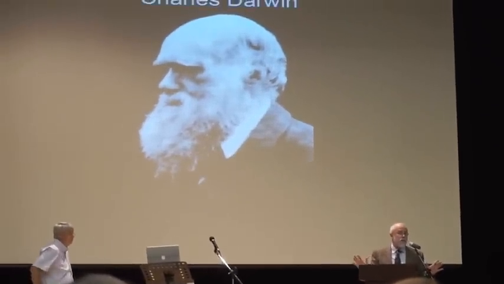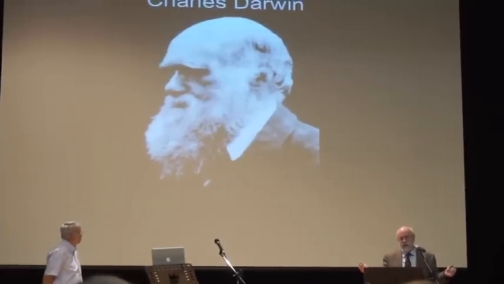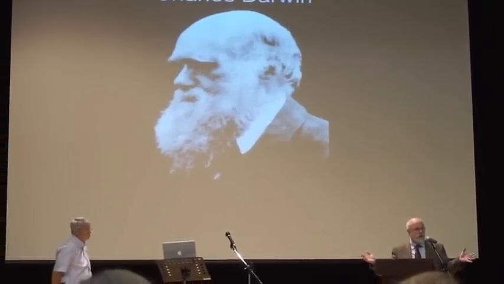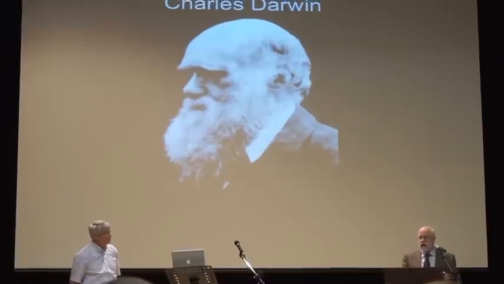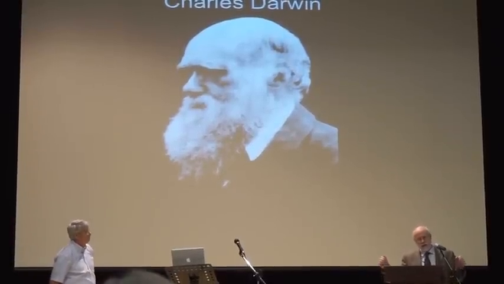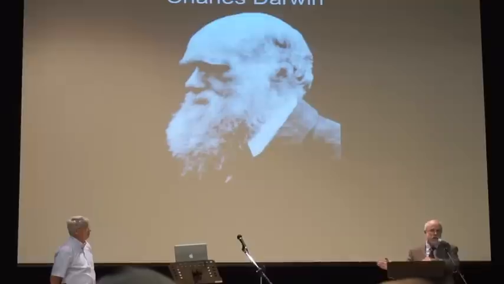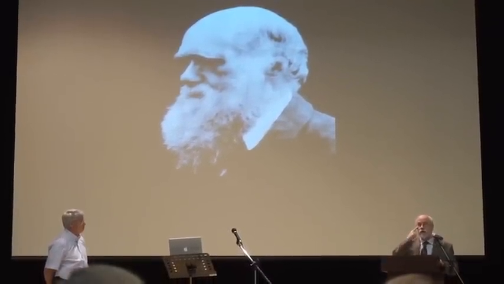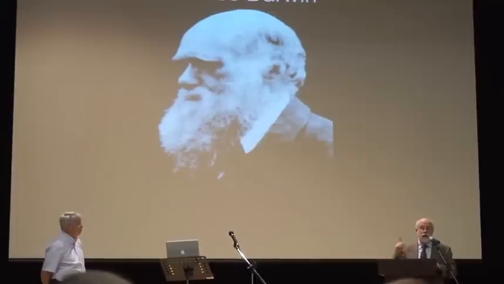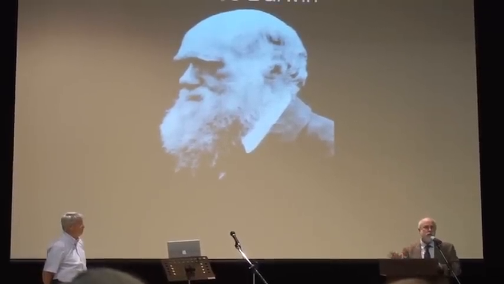A lot of people were taken by it and saw that it could explain a lot of things in biology, but they thought that it couldn't explain some other things. One of the things they wondered about was the eye, because it was known even back then that the vertebrate eye was a very complicated structure.